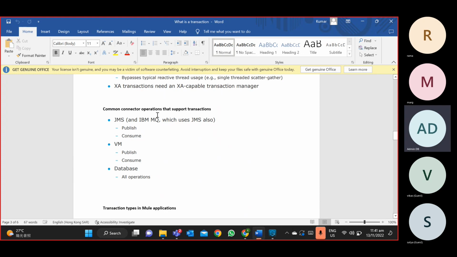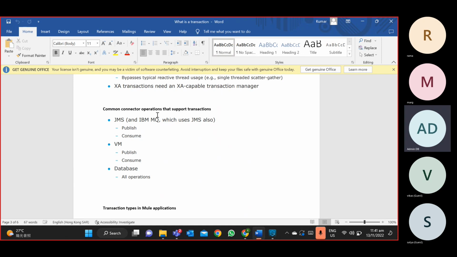And mostly when you will have some kind of transactional data operation or data processing, at that time you need to think about this XA transaction. And mostly when you will have 2, 3 operations involved, and if any of them fail, then you have to revert the previous one. In that case, you need to think about this transaction.